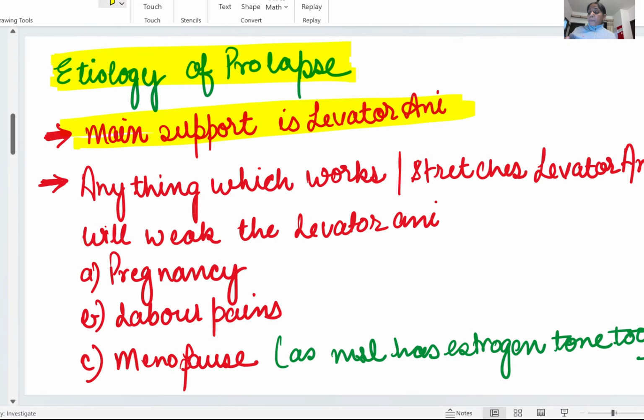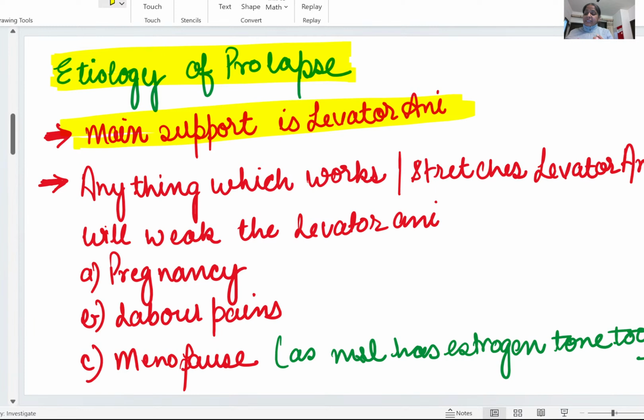What weakens the patient's levator ani? Tell me. Pregnancy. Because I already told you, the uterus is held as if in a lap. The uterus is in the lap of the levator ani.